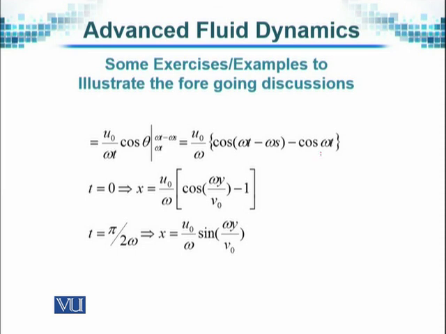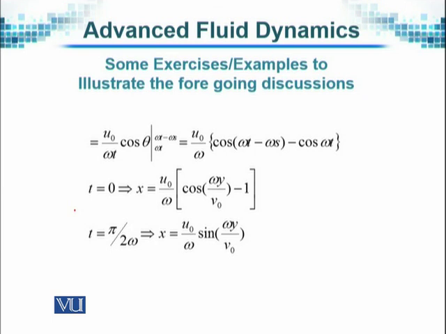When we substitute these values, u naught divided by omega times cosine of omega t minus omega s for the upper limit, and minus this quantity for the lower limit.